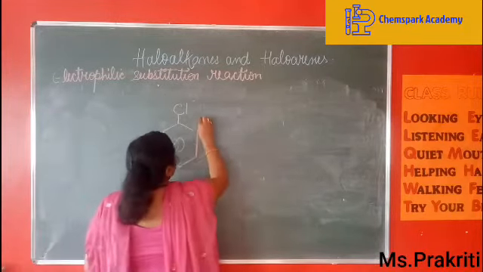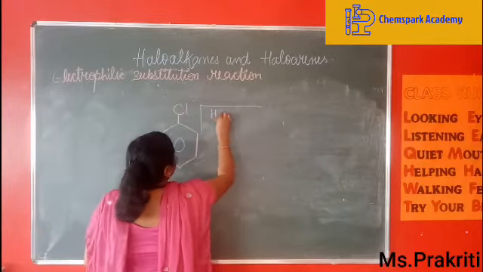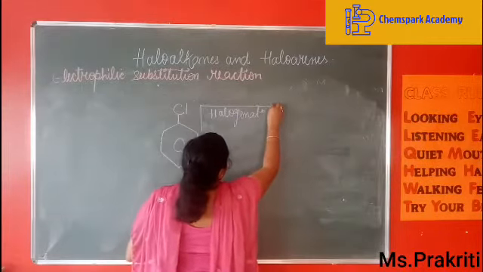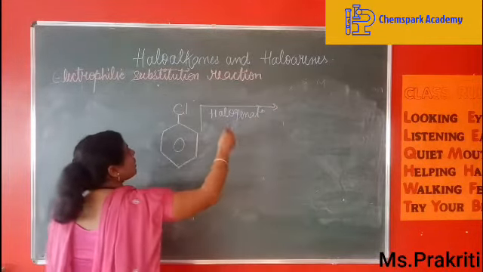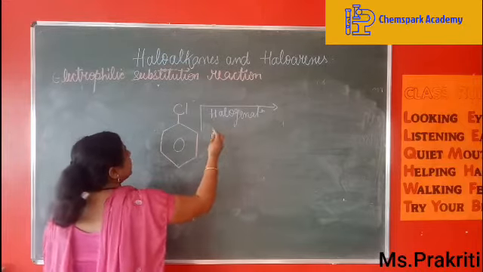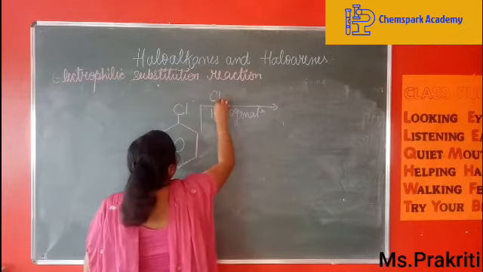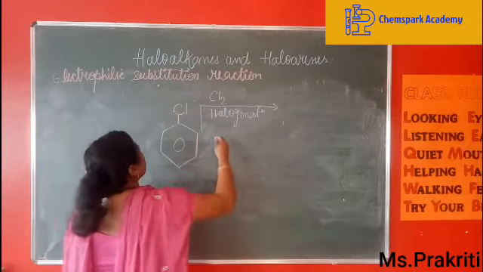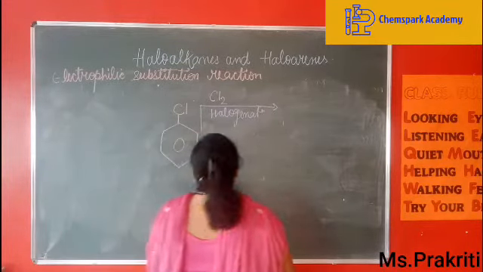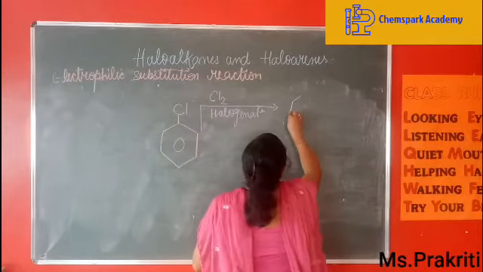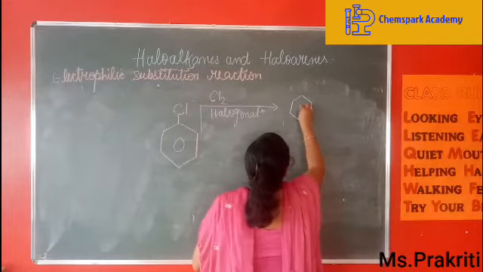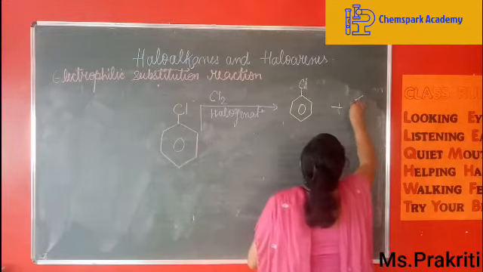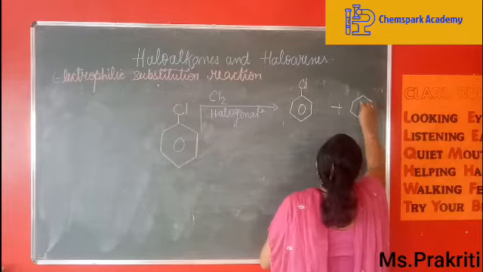So first we will do the halogenation. We can take chlorine or bromine or iodine, whichever group we want to introduce. So I have reacted with chlorine. We will have the conditions of anhydrous AlCl3, and now when I add this chlorine on this, the product which will be formed is a mixture of ortho and para substituted products.